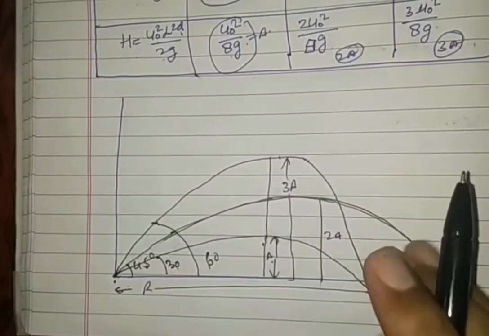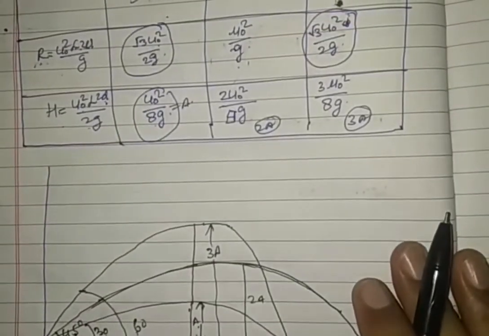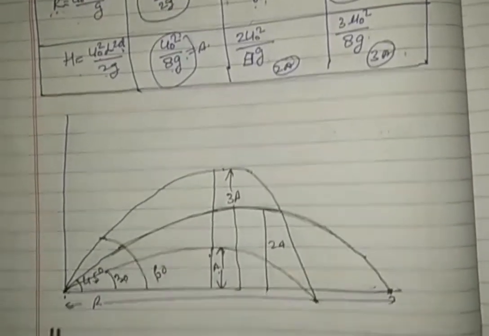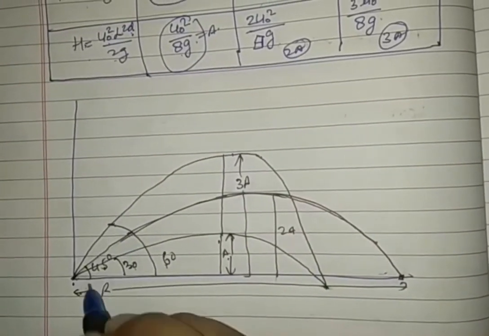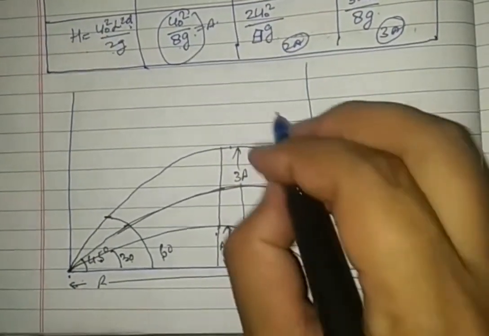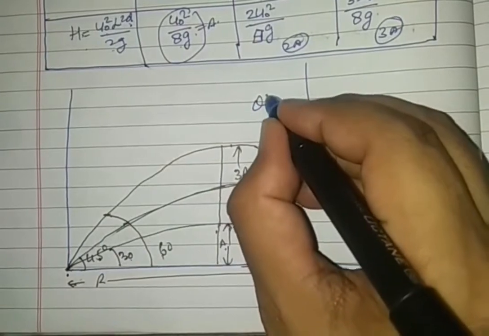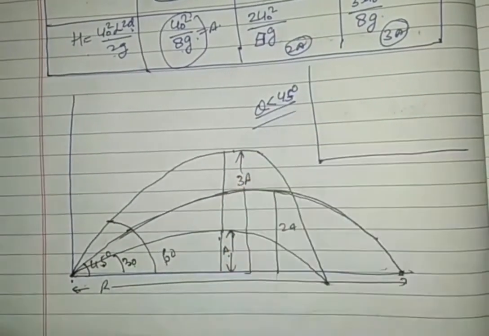This is the case, but one suggestion is kept for the long thrower or javelin thrower: when you keep your angle of projection slightly less than 45 degree, maximum range is achieved.